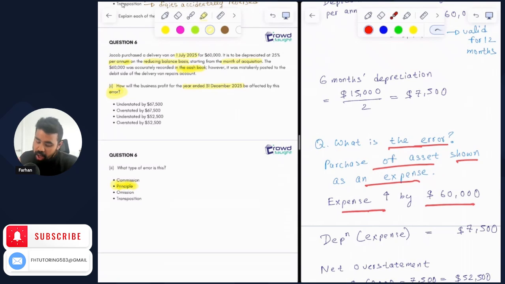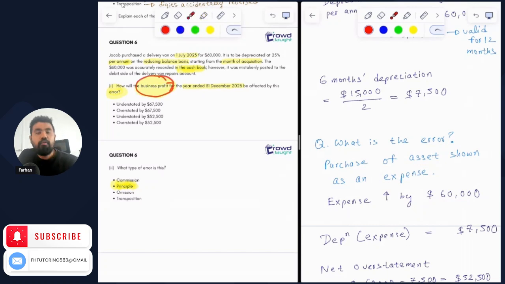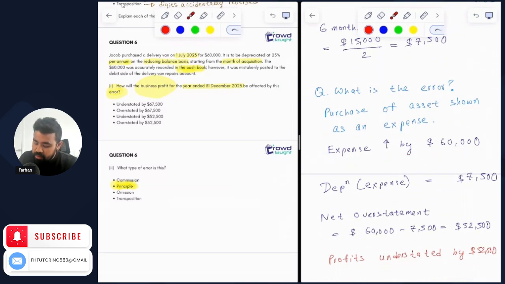All right. But the question is asking, how will the business profit for the year be affected by this error? Now, when we are thinking of business profit, we need to think of all the expenses that are involved in this case, right? Based on the error, we understand that expenses are overstated by $60,000. But hang on, what about the depreciation? The depreciation we calculated for 6 months is $7,500, which is actually correct because we have to record this, as this depreciation refers to the non-current asset which we purchased on 1 July 2023, and this asset would already be in use in the business.